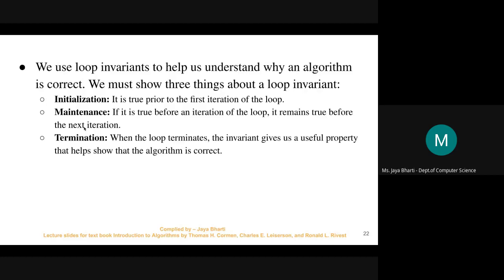Only then can you say it is correct. Whatever condition you have, if it is true before an iteration of the loop, it remains true before the next iteration also. We will see this in detail in the next slide. And termination: when the loop terminates, the invariant gives us a useful property that helps show whether the algorithm is correct or not.